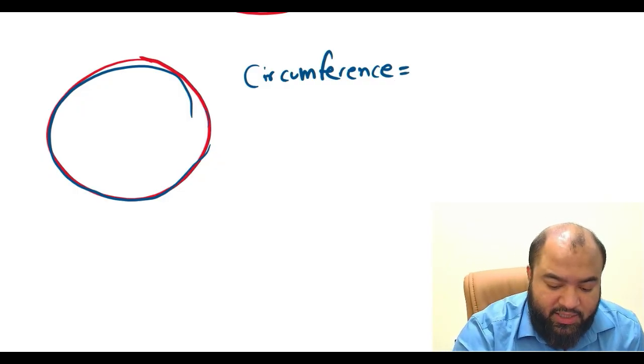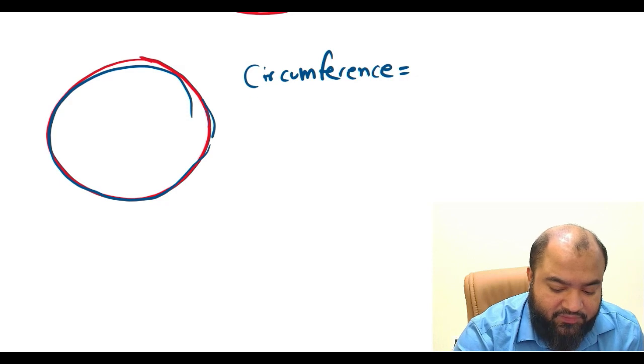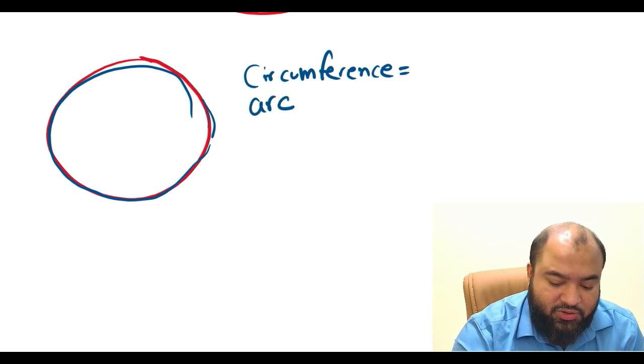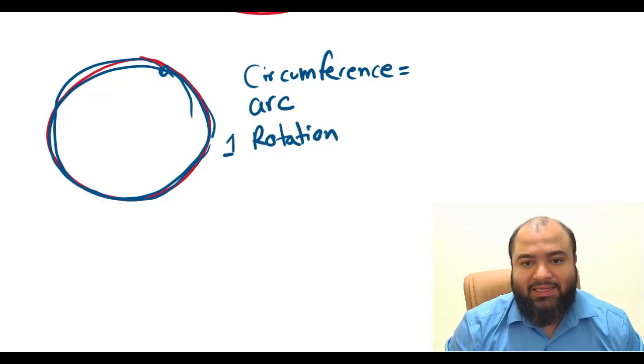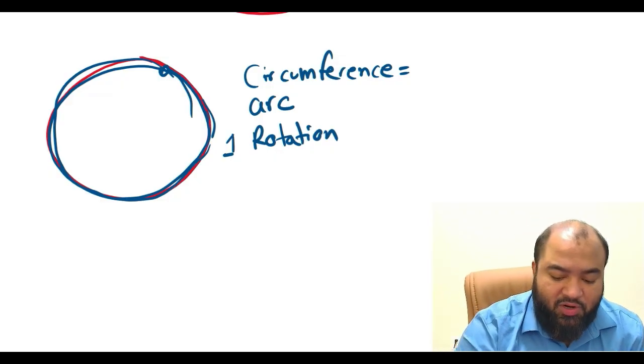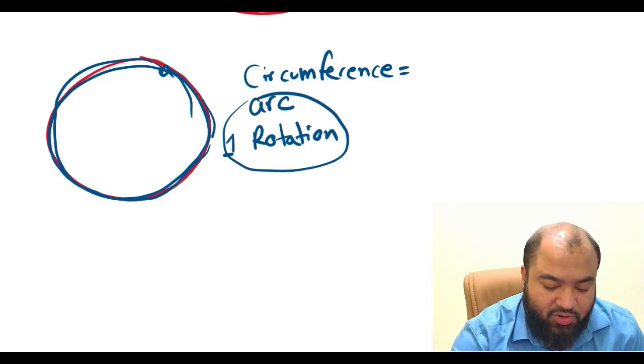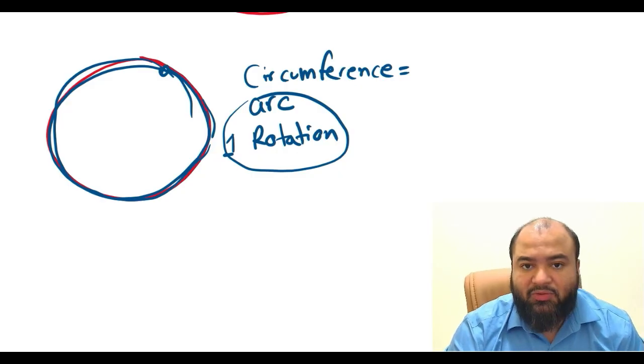You can also call it the full arc, or one rotation. If you rotate and come back to the same point, that is the circumference. So mainly we call it circumference.